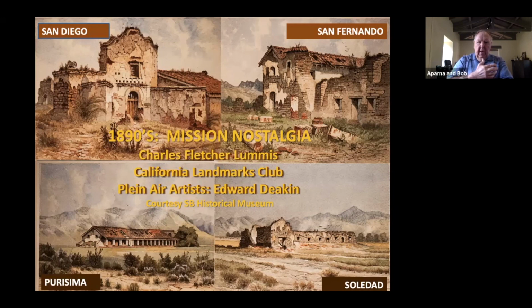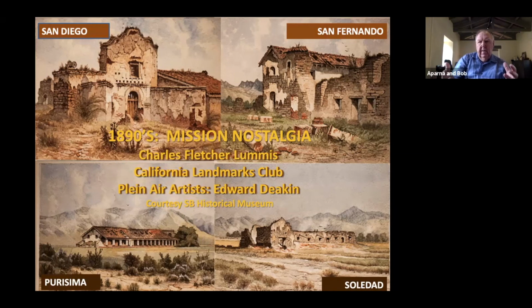One of the artists, Edward Deacon, painted all 21 of the missions, both in watercolors and in oils. The 21 watercolors are in the collection of the Historical Museum here in Santa Barbara. The oils are in the collection of the Old Mission in Santa Barbara and the archives.